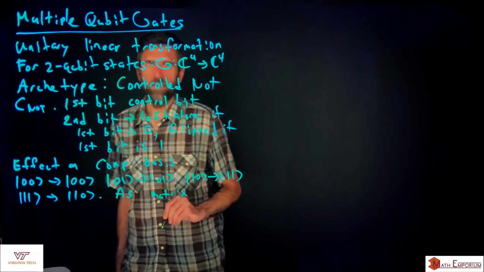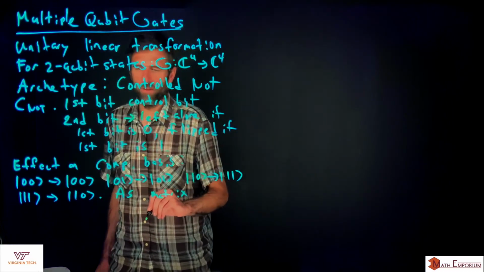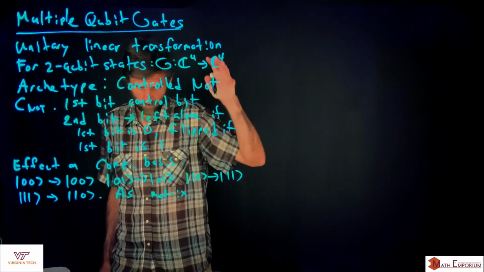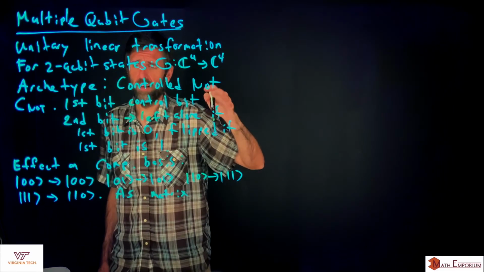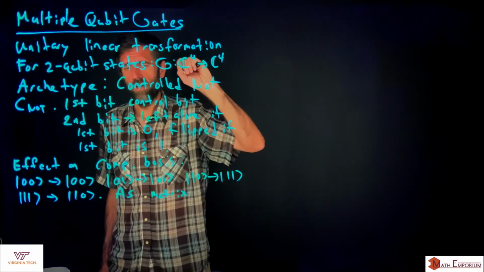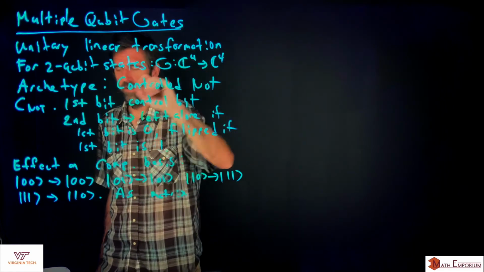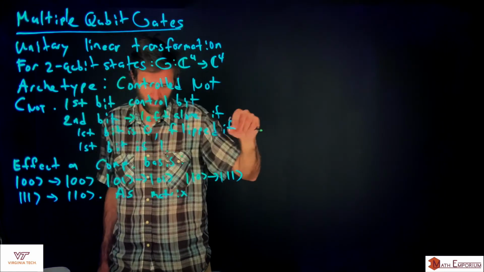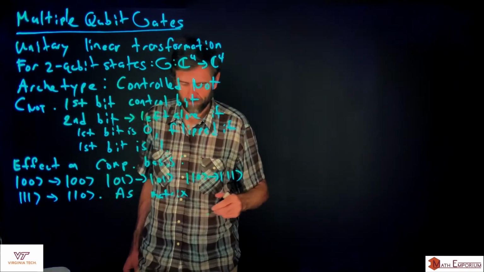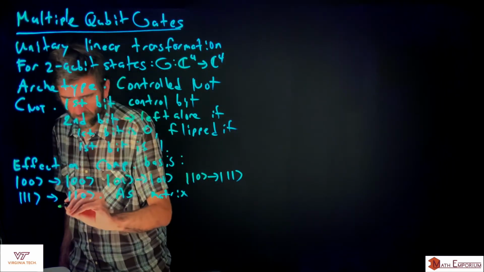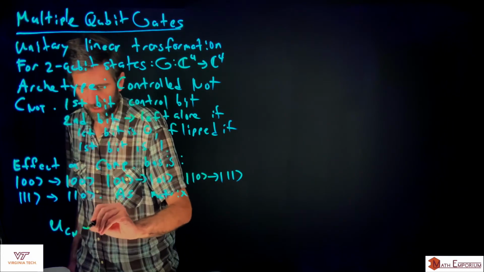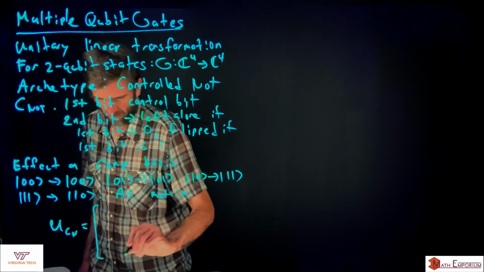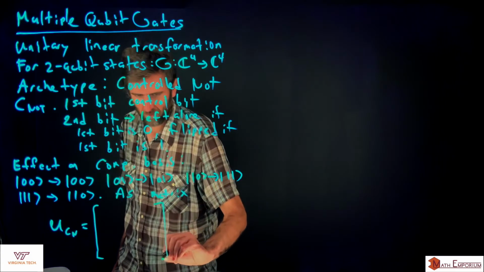All right, so then as a matrix, remember the idea for these 2 qubit systems is that we can think of them as 4D vectors, and the first component is giving me the coefficient on 0, 0, etc. So as a matrix, U sub CNOT will be a 4x4 matrix.